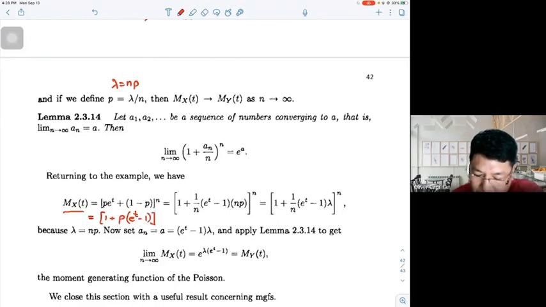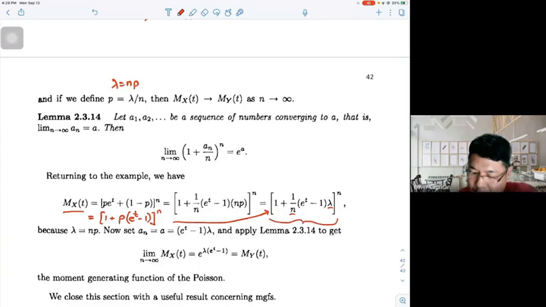So yung p natin is lambda over n. Kaya ito yung diretso na. Diretso na yan. Lambda over n. Kasi lambda over n, yan yung p. So, yung expression natin dito is almost similar to this.